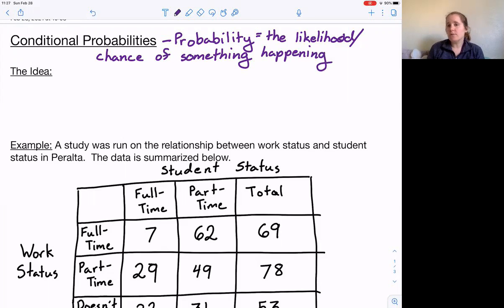Probability itself, we usually use in decimal form, but it's basically exactly what we were doing in the previous video, the two-way tables video, when we were calculating percents.